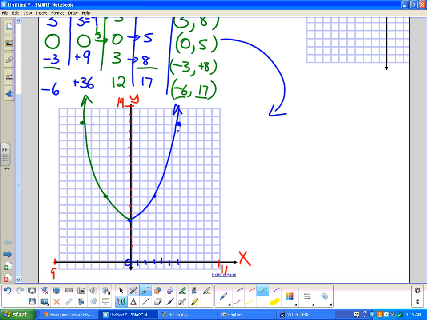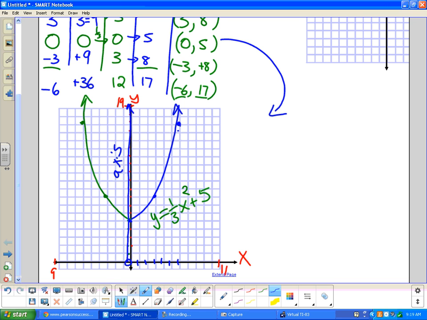So that's what you need to do for homework, and then you're going to label it y equals 1/3 x squared plus 5, I believe it was. Yes. And of course the axis of symmetry would be the y-axis.